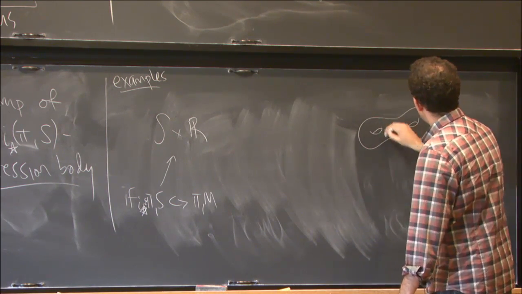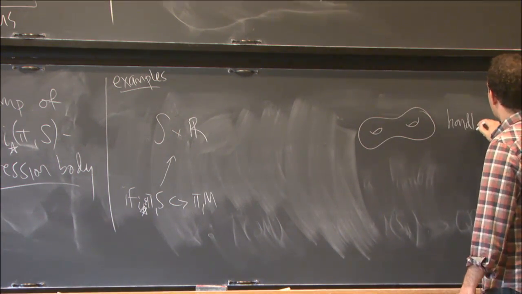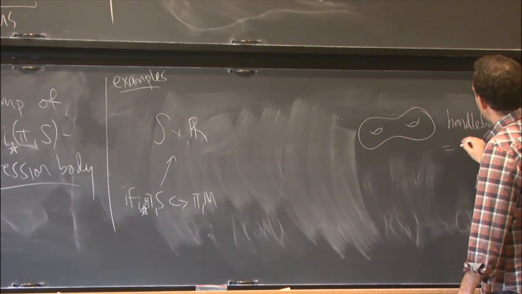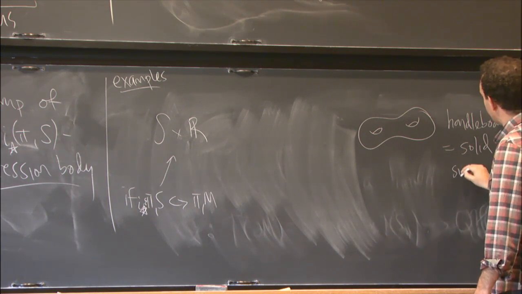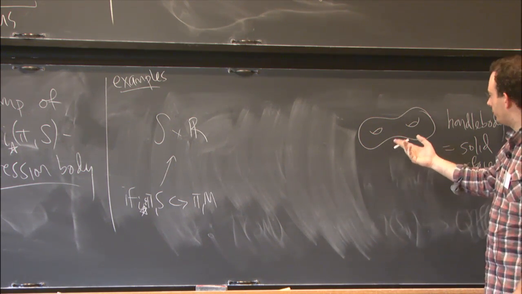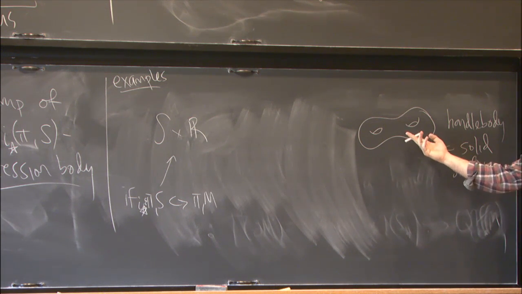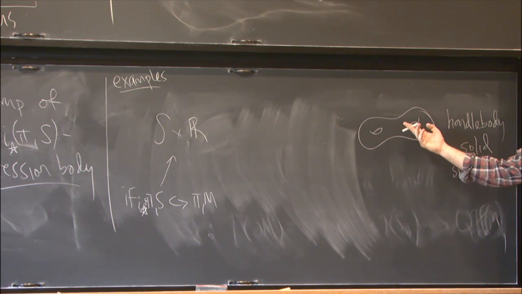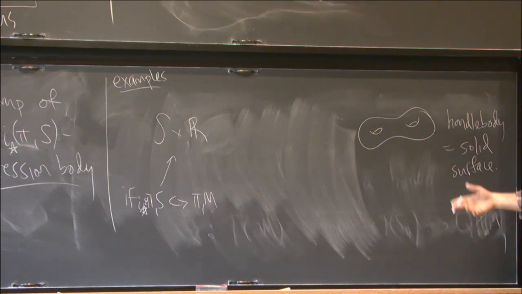and for the other extreme, we also have a handle body, which is like a solid surface. So for instance, if you take a handle body and take the cover corresponding to the boundary, it's the handle body again.